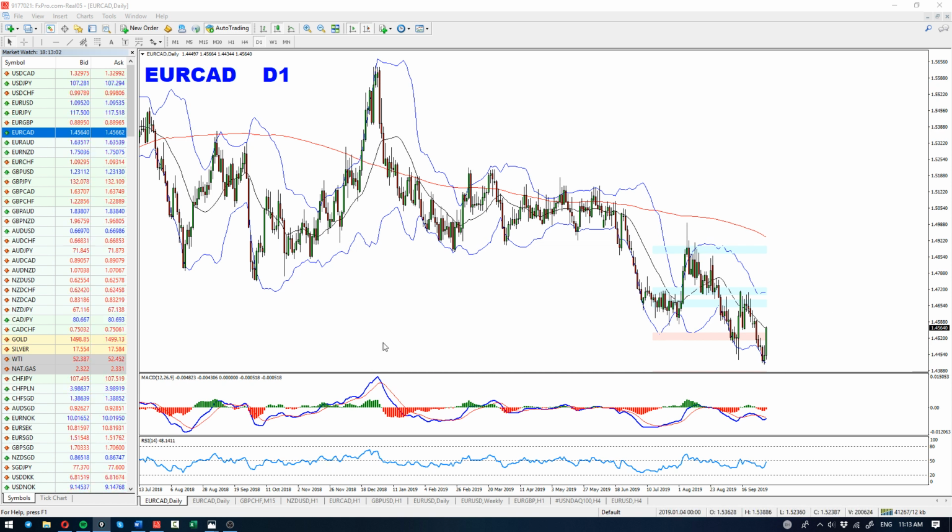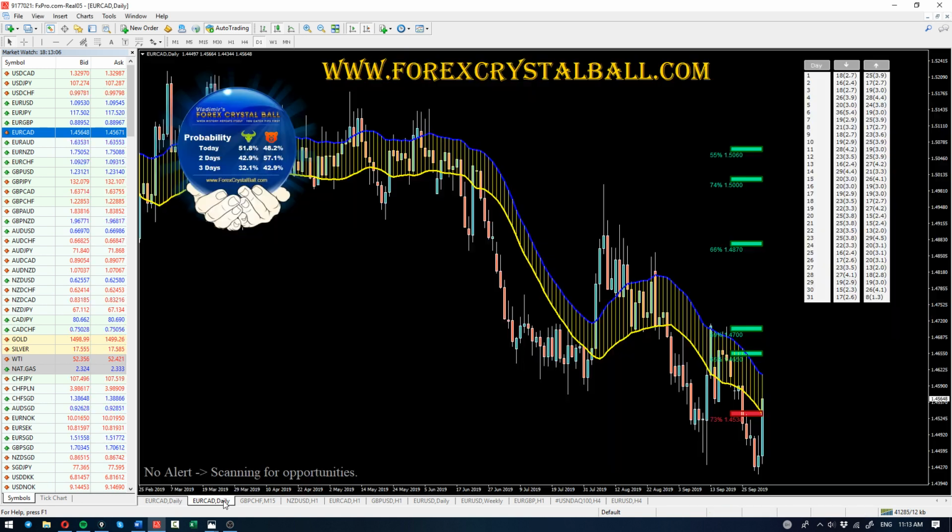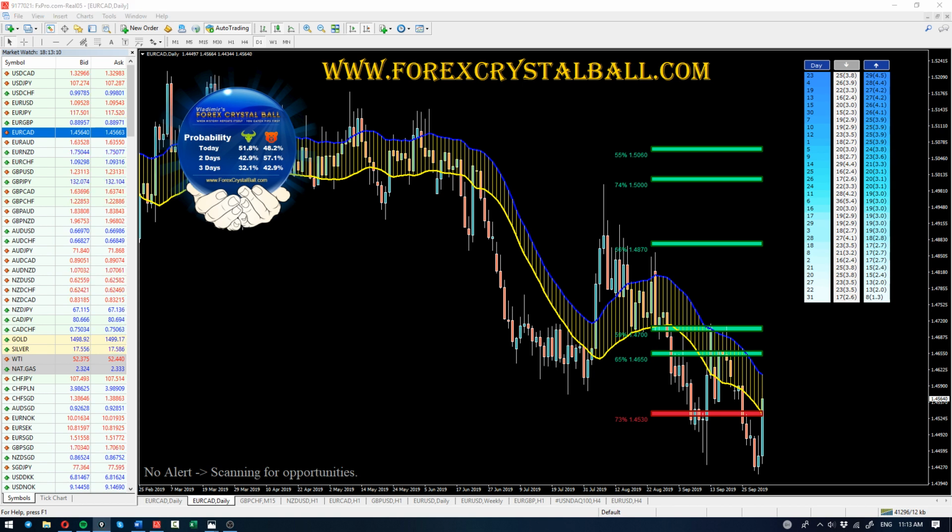When I take a look at the statistical numbers from the Forex crystal ball, what I figure out is that two days ago, the 30th of September, we had a beautiful hold, and it was right here. A very powerful number, as you can see.